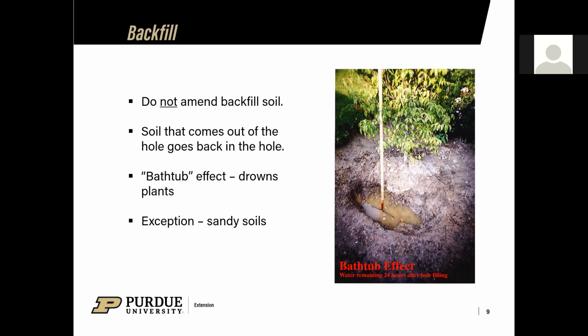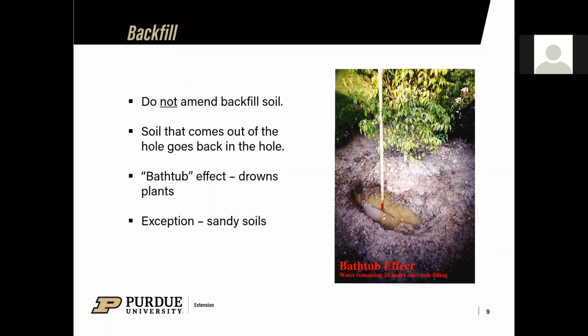But what happens in that heavy clay soil when you get the first heavy rain? Rain goes to the place where there are air pockets in that soil. So it's going to fill up that hole, that light backfill, that compost that you put in there. And now your plant is going to be sitting in a bathtub full of water in the soil. So that's why we say don't add amendments.